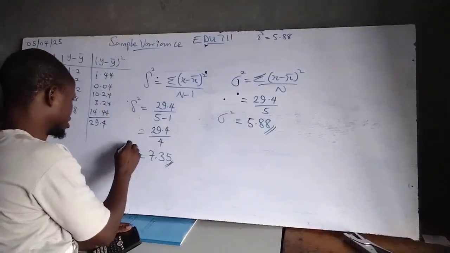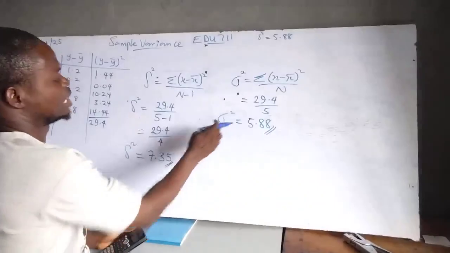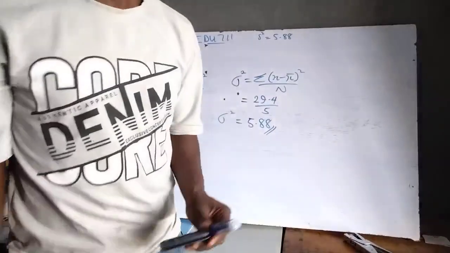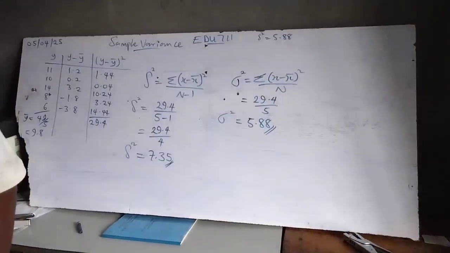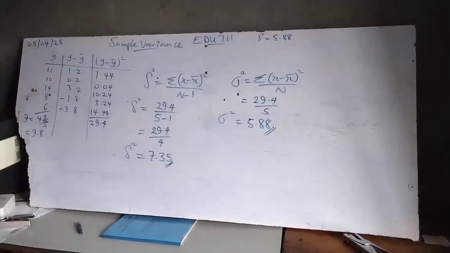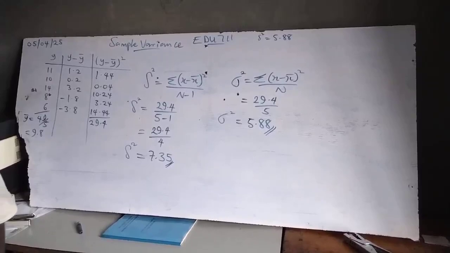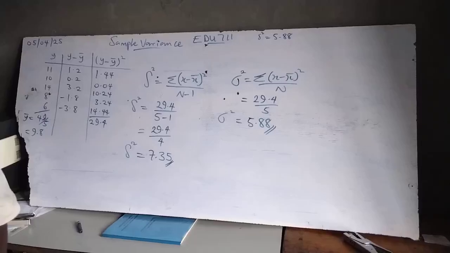Why this is s squared? So this is sample variance and this is population variance. So that's the correction I intend doing today, to resolve the mistake that was committed in the previous episode, that is in particular episode 2.